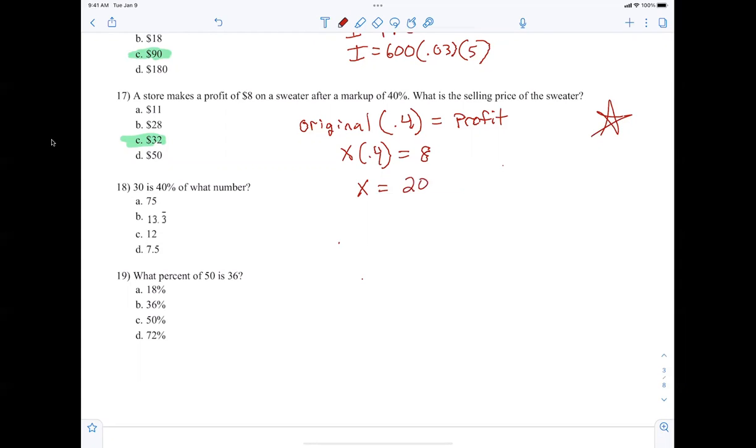So the original cost was $20. So what would you be selling it for? Yeah, you'd be selling it for 28. That was a hard one, guys. Everybody put a star by that one.